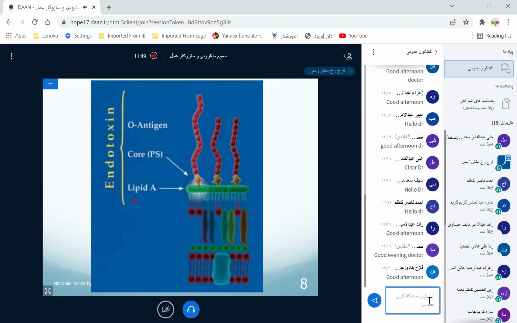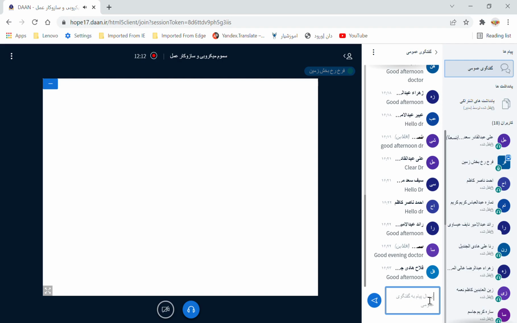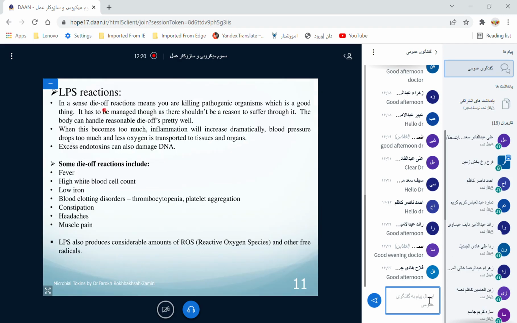So this lipopolysaccharide, lipid A, core, and O antigen, in total is an endotoxin. And again, I remind you, lipid A is responsible for the toxicity of endotoxin. The main part is lipid A. LPS reaction, I think I explained that.